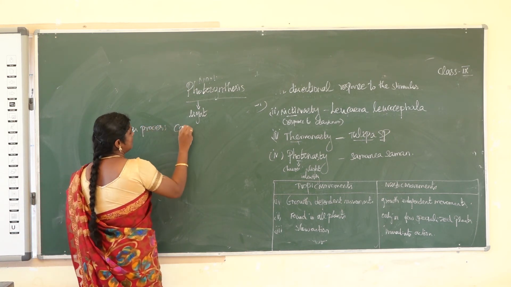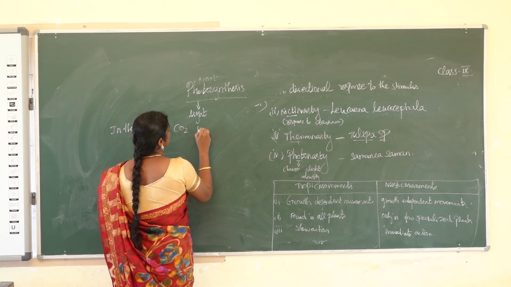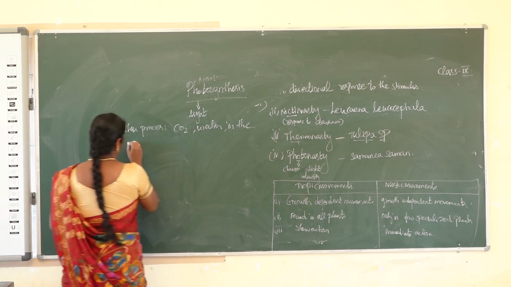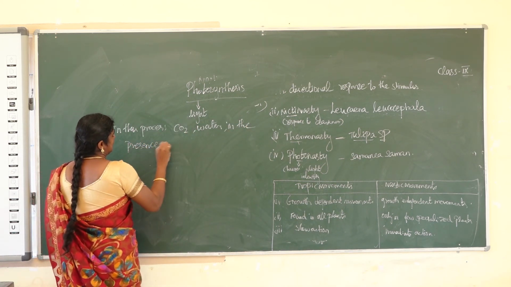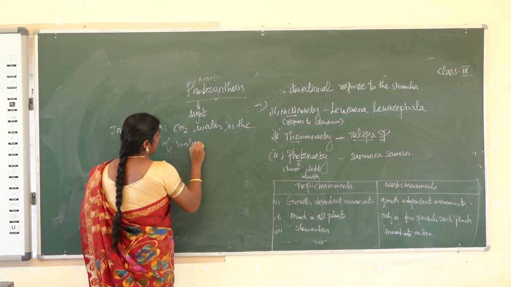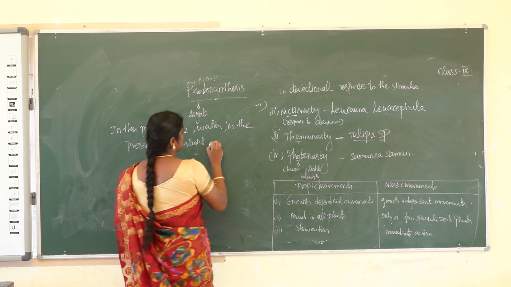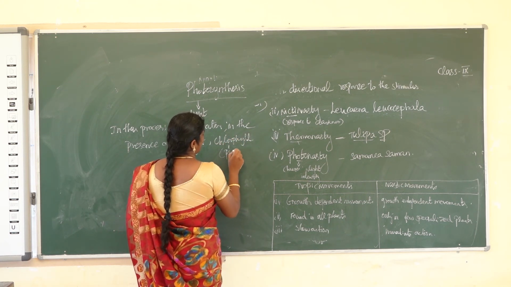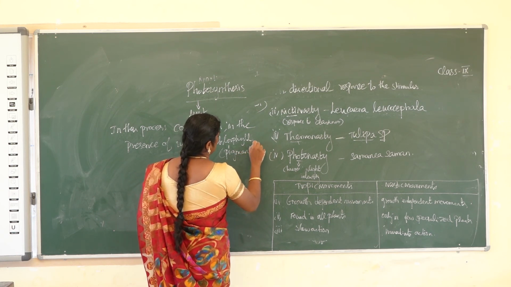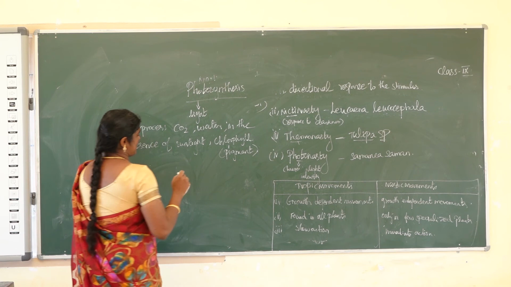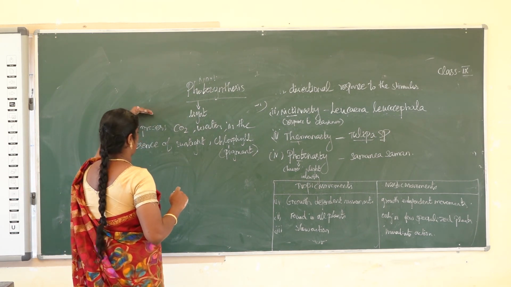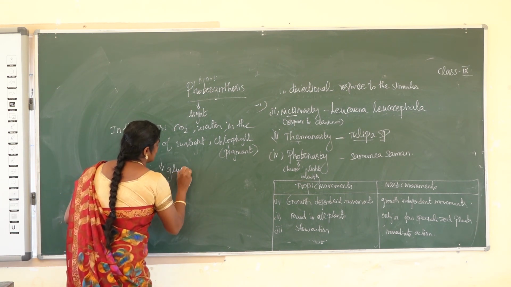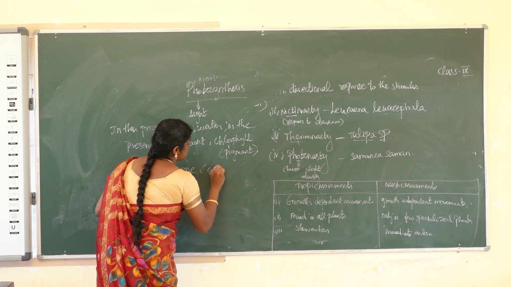In photosynthesis, carbon dioxide combines with water in the presence of sunlight and chlorophyll. What is chlorophyll? It is a pigment, a green color pigment. In this process, we get carbohydrate, that is glucose, C6H12O6.